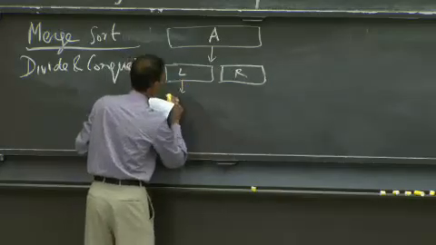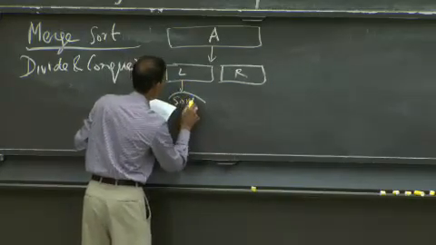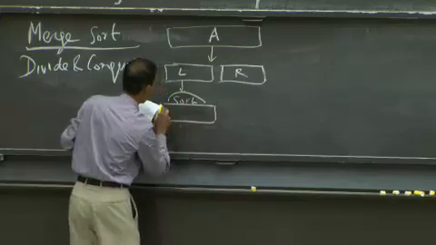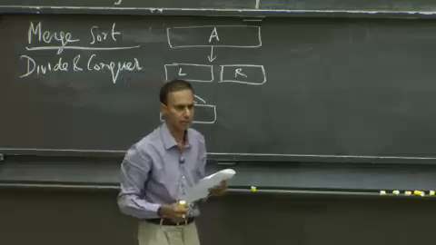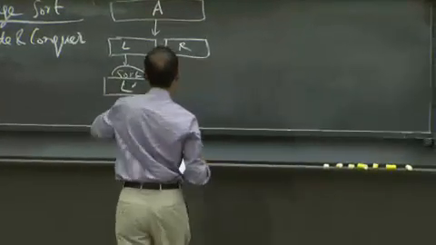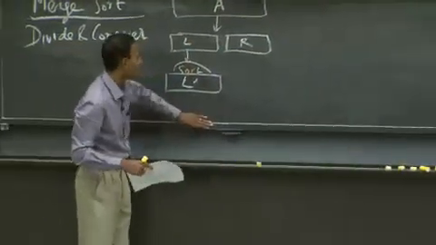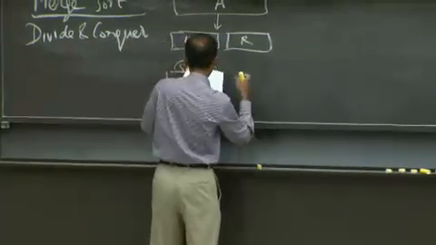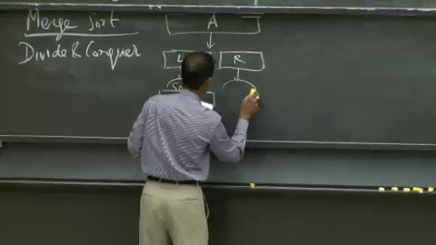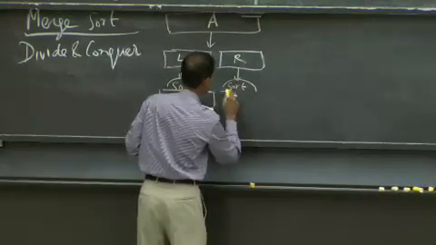So while I'm saying L turns into L prime out here, there's no real explicit code that you can see that turns L into L prime. It happens later. There's no real sorting code here. It happens in the merge routine. And you'll see that quite clearly when we run through an example.